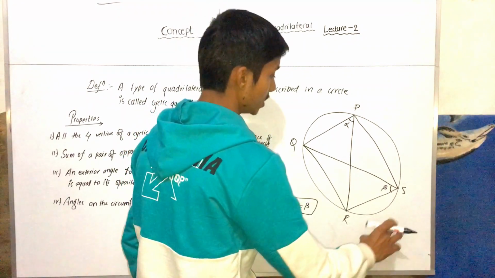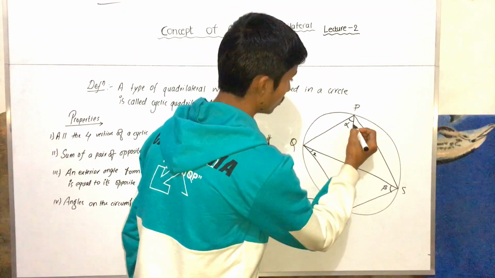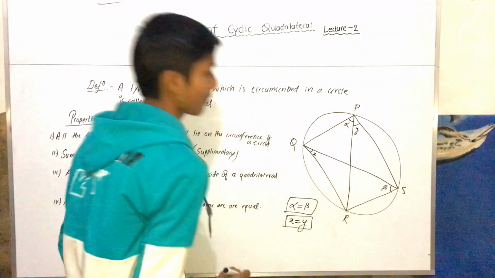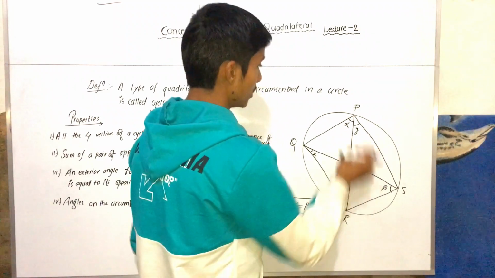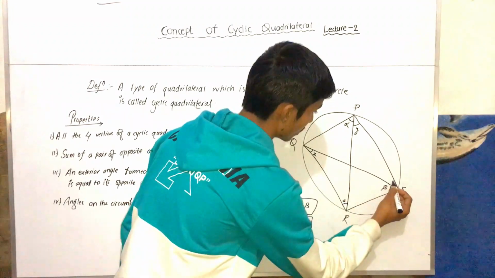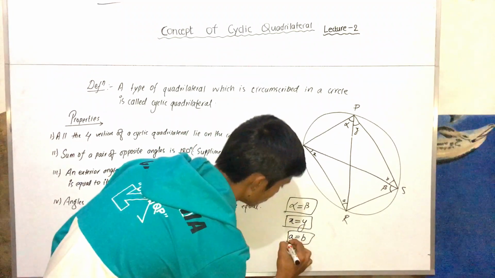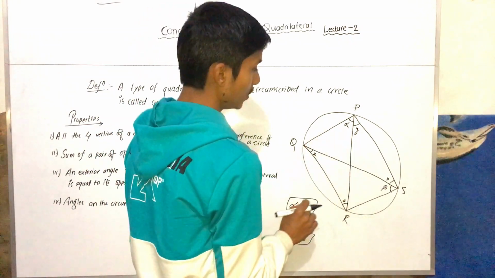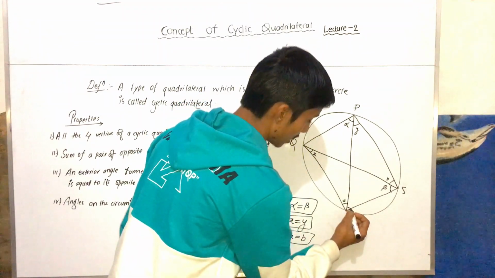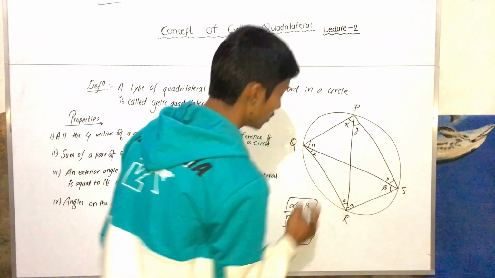Similarly, if we take the arc RS as a common arc, then angle X will be equal to angle Y. Similarly, if you take PQ as a common arc, then angle A will be equal to angle B. And similarly, if you take PS as a common arc, then the angle formed here, M, and the angle formed here, N, will be equal to each other.